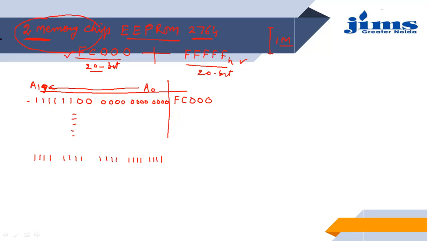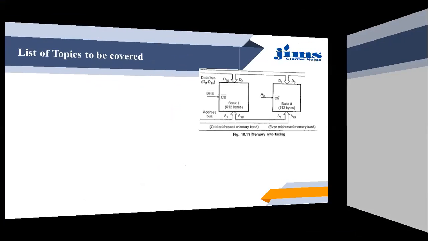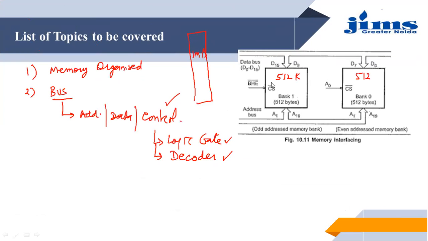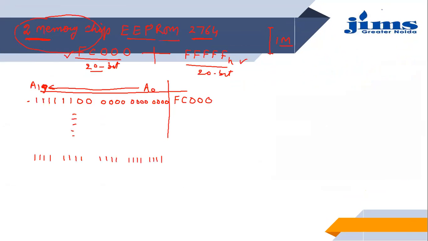Going back to the slide from the previous class, you can interface two memory chips in parallel so that 16 bits can be written directly in one memory cycle, or taken out of this memory in one memory cycle. Any doubt at this point? So given to me is to interface two memory devices.